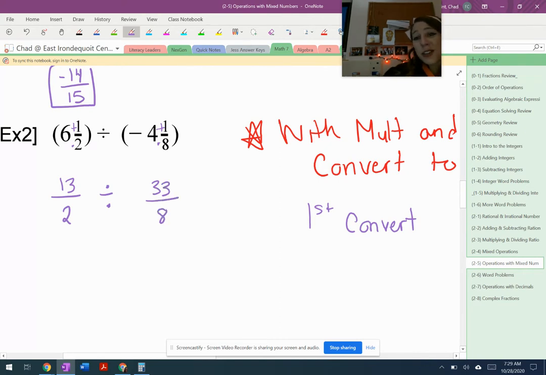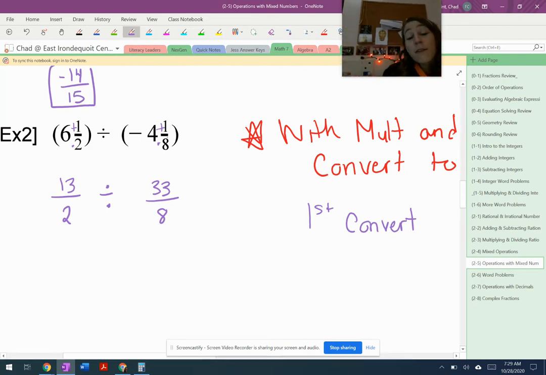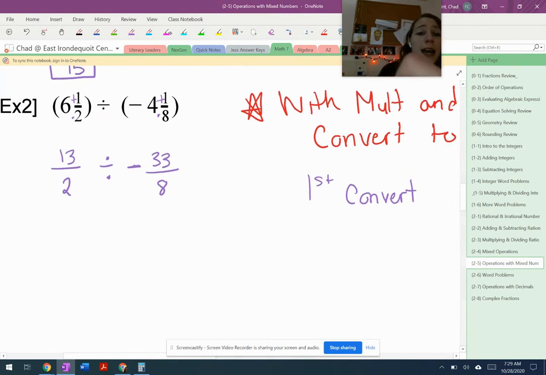Remember, my denominators stay the same when I'm doing that. And I almost forgot, that 4 and 1/8 was negative, so that means my improper fraction needs to be negative also. Okay.